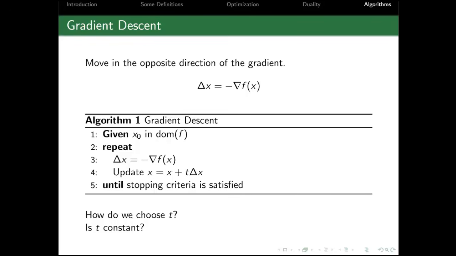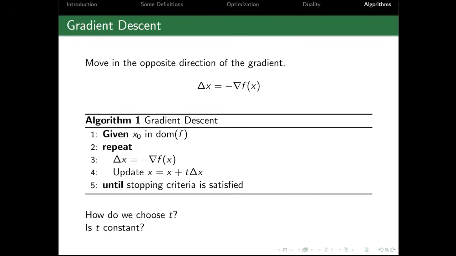Essentially you're moving along the negative direction of the gradient with some step size t. This t is a multiplicative factor which will magnify or shrink the step size you're taking in that direction.